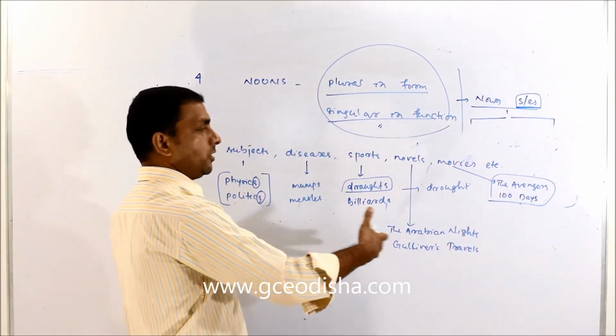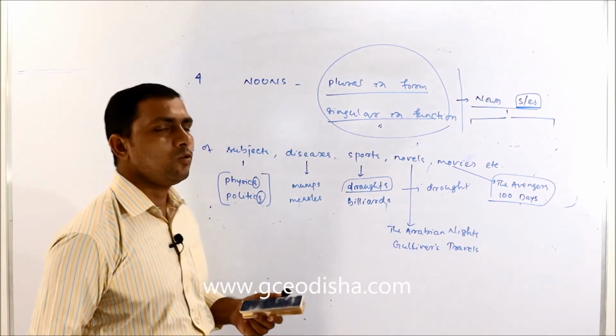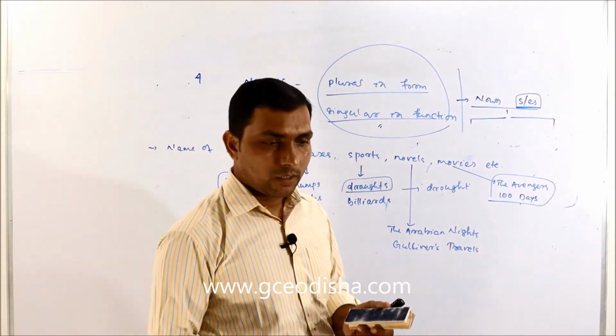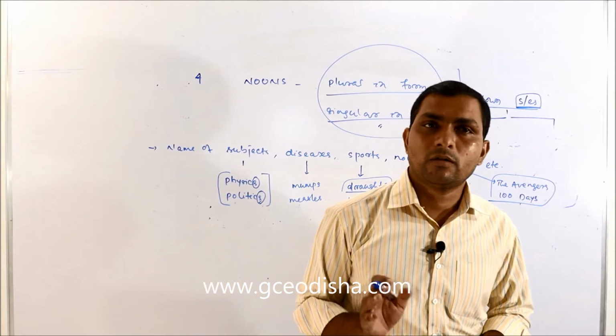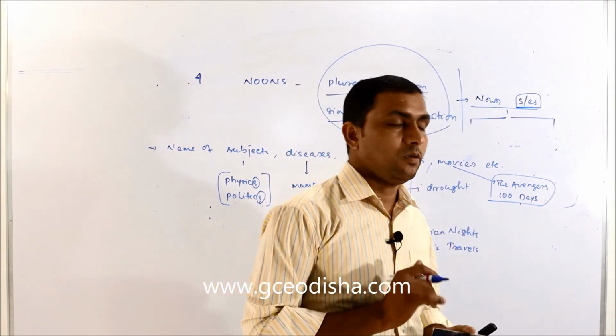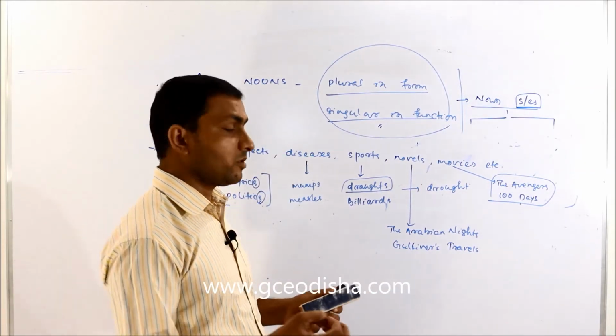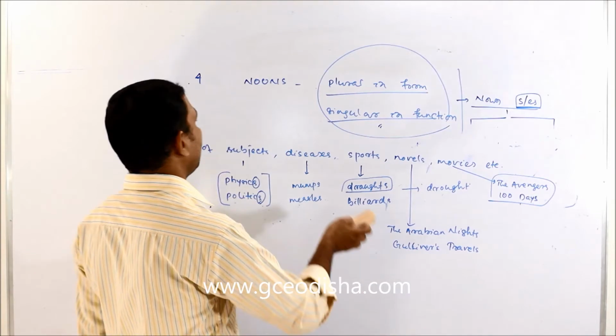So all these names of subjects, diseases, sports, novels, movies generally create an impression that they are plural, but actually they are singular. All right, let's have some questions based on this particular topic.